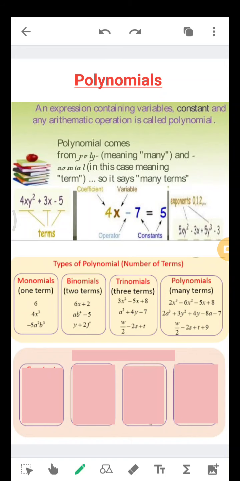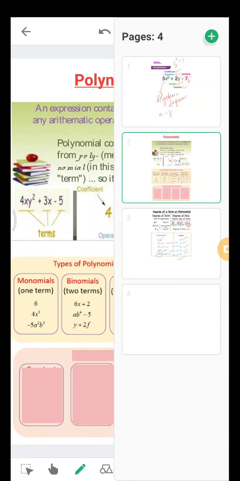Now one thing you observe in all these terms: the power of any of these variables, the degree, is not negative. You can observe here there is no variable with a negative power. So that is the rule of polynomial. Always keep it in your mind.